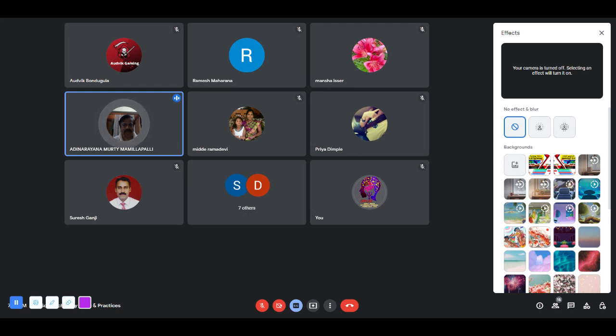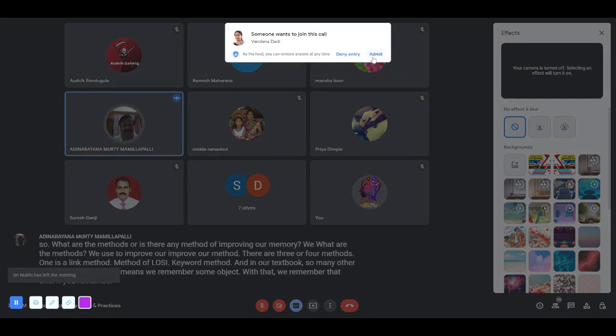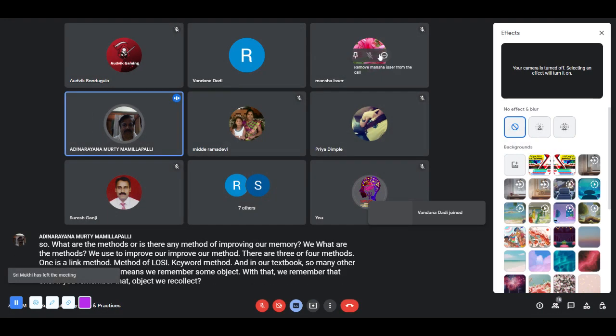There are three or four methods. One is the link method, another is the keyword method, and in our textbook there are so many other things. Link method means we remember some object, and with that we remember the other one. If you remember that object, we recollect what we want.